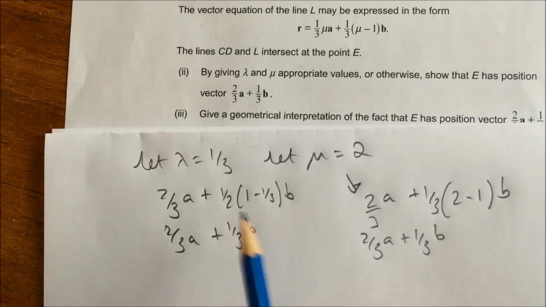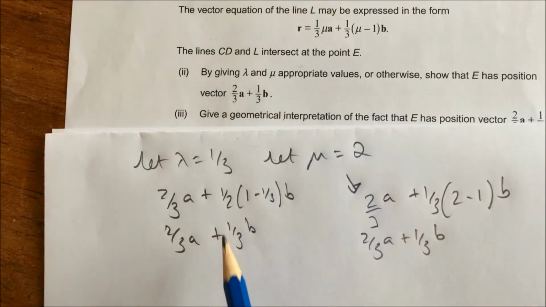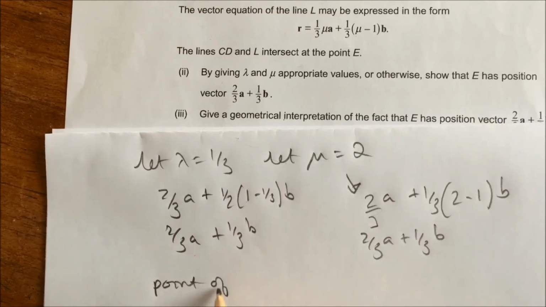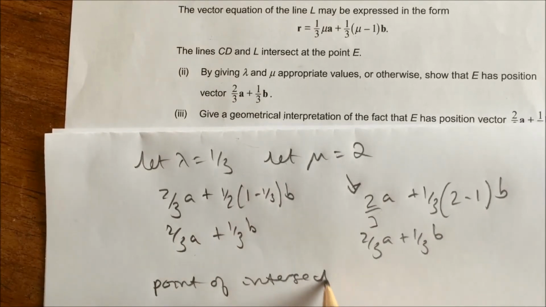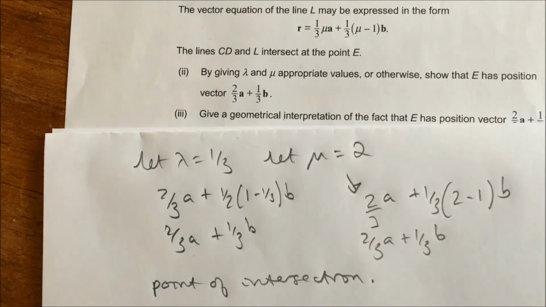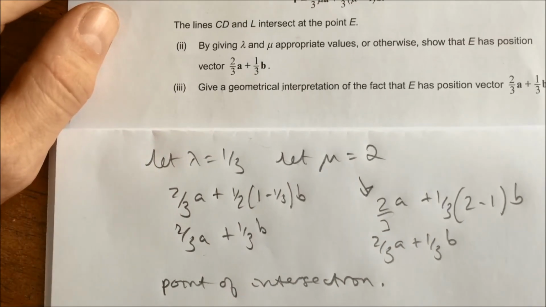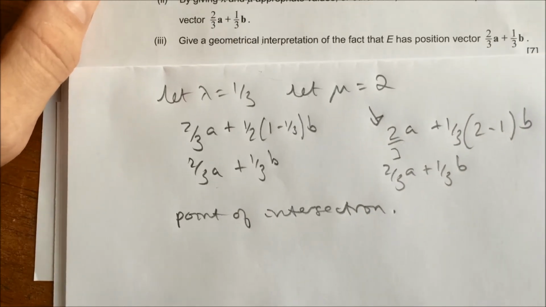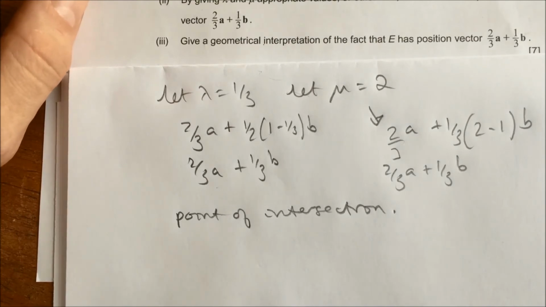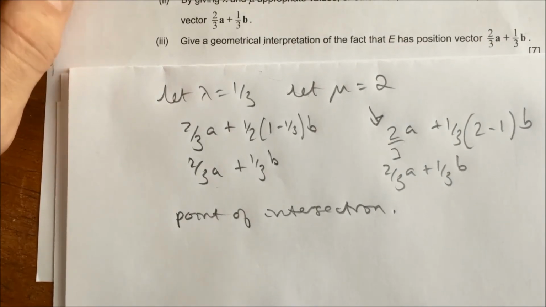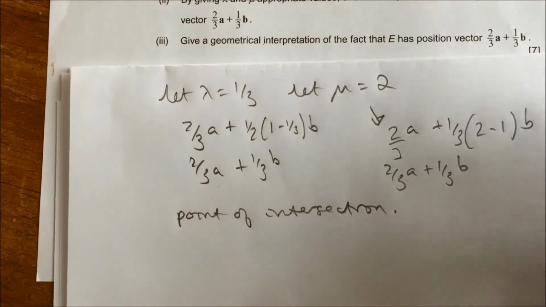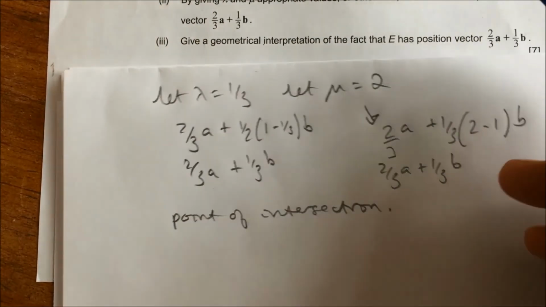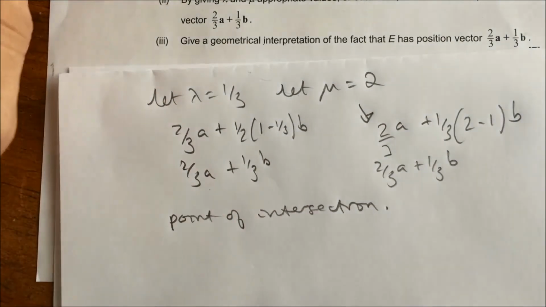Okay, so being as both substitutions come out as the same thing, that is the point of intersection. And then the last thing, it says give a geometrical interpretation of the fact that E has position vector 2/3 a plus 1/3 b. Well, if it's in terms of a and b, it means it must lie on CD and AB.